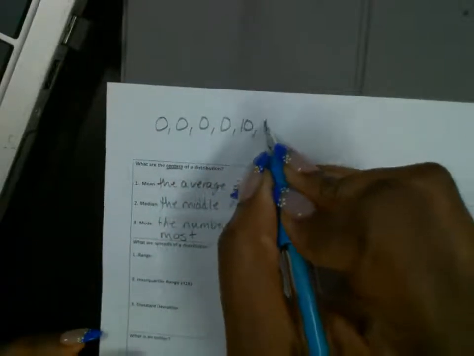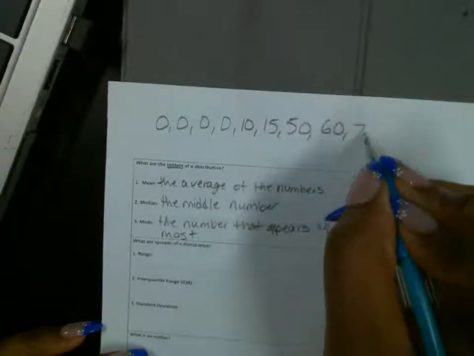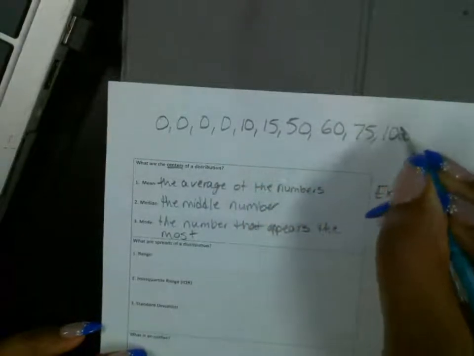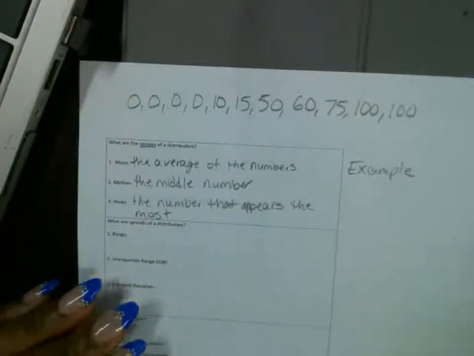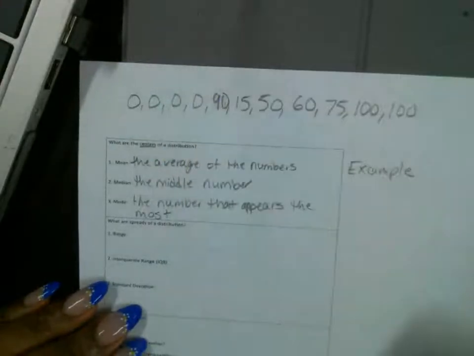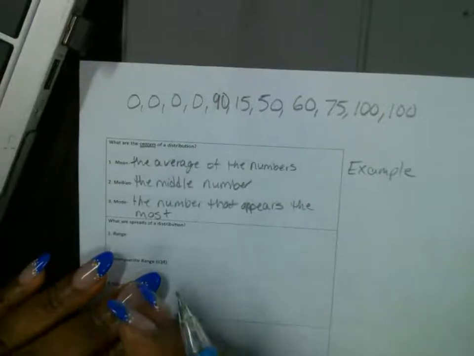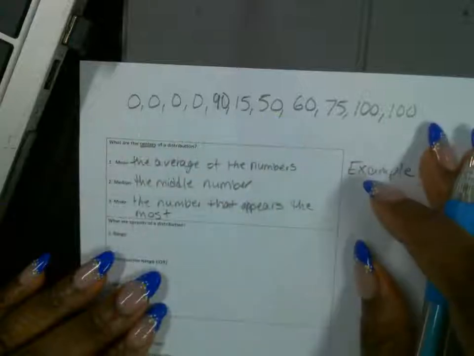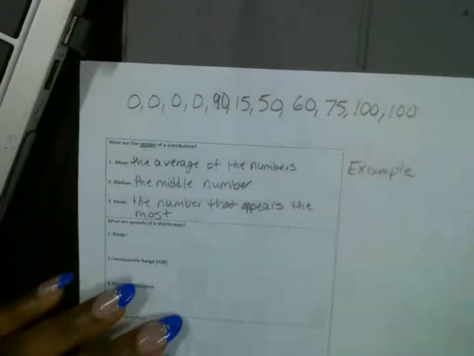A 10, 15, 50, a 60, a 75, 100, and another 100, okay? Let's make this a 90. Okay, so now, why would I rather average the scores up than to just pick the number that's in the middle? I would move this down though. Is that represented?